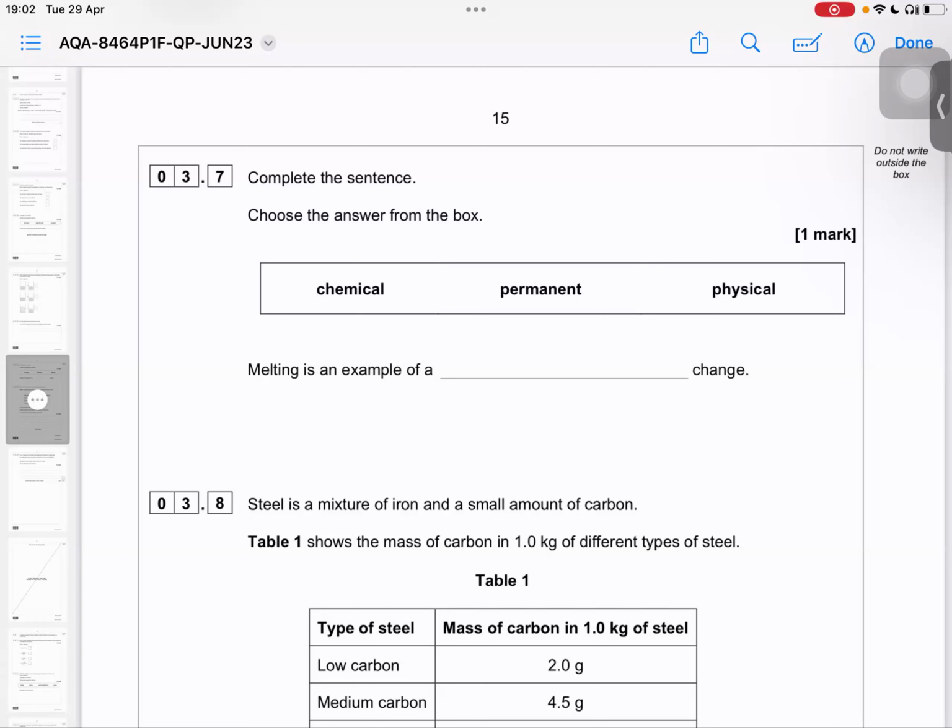Hello, are you there? Yeah, I asked the question. Do you remember when we talked about physical change versus chemical changes? Okay. So a physical change can be reversed while a chemical change can't.